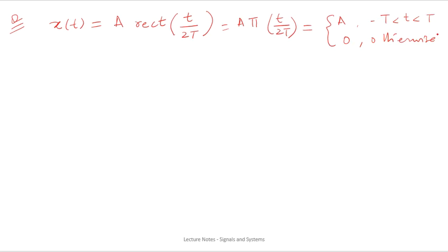So the question is that you have to find the convolution of this rectangle signal x(t) with itself.